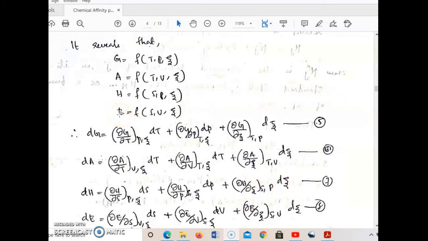Similarly, the change in internal energy dE will be equal to dou E by dou S at constant volume and theta dS plus dou E by dou V at constant entropy and theta dV plus dou E by dou theta at constant entropy and volume d theta. Okay, so these are the expressions for change in Gibbs free energy, Helmholtz free energy, enthalpy and internal energy.